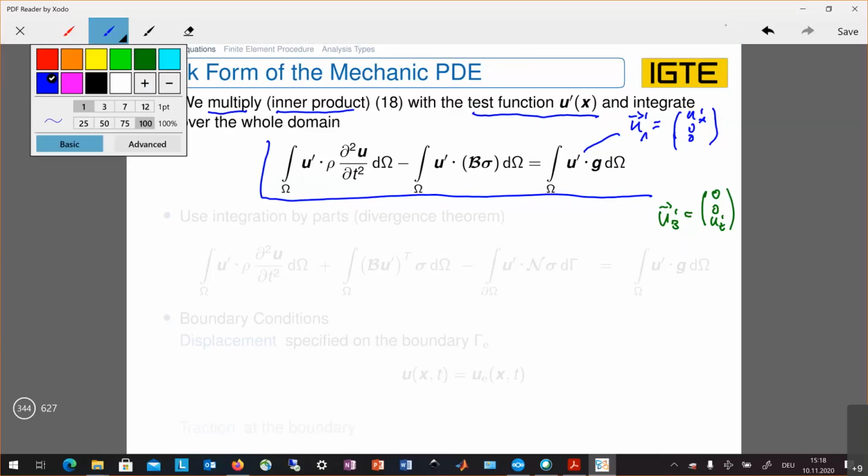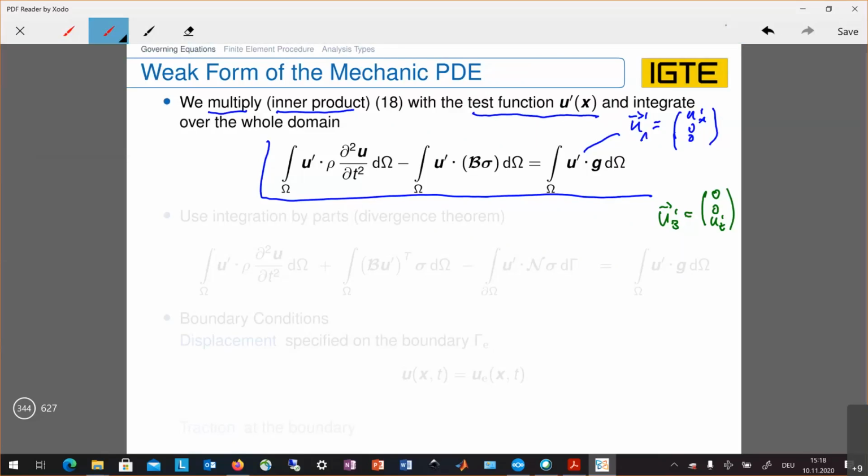And now hopefully I get another color. That would be the test function u2 prime, the vector test function where we just have a y component.